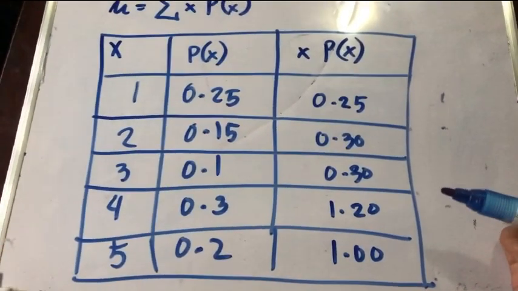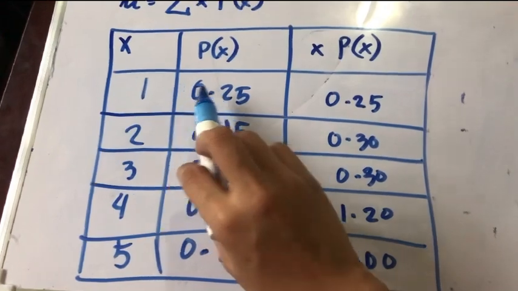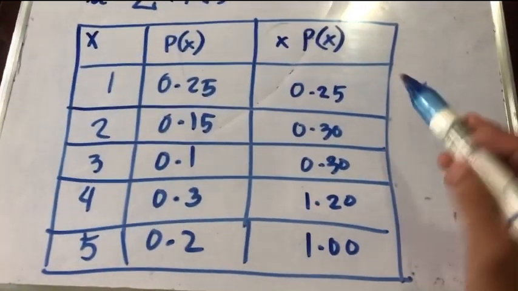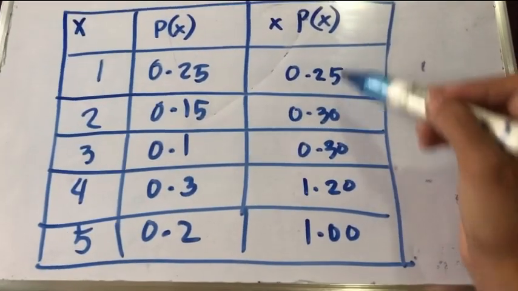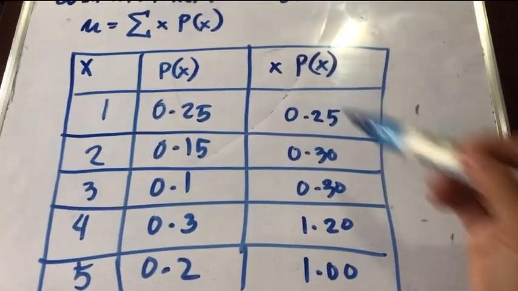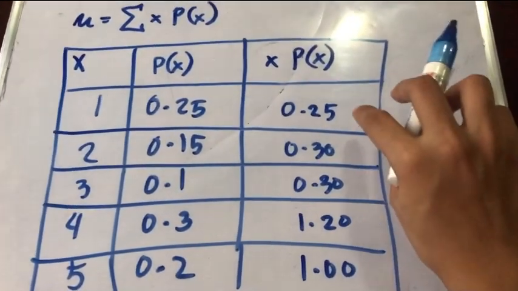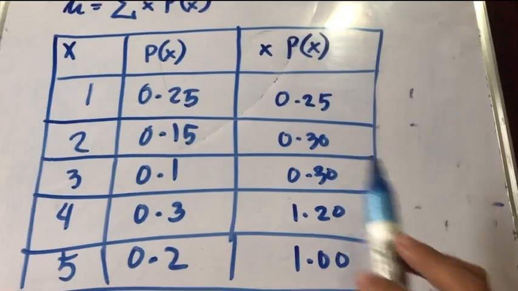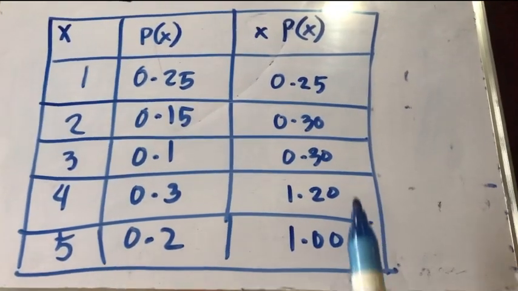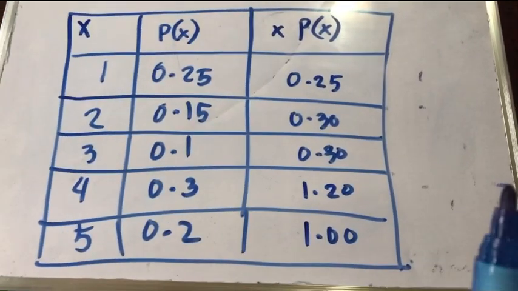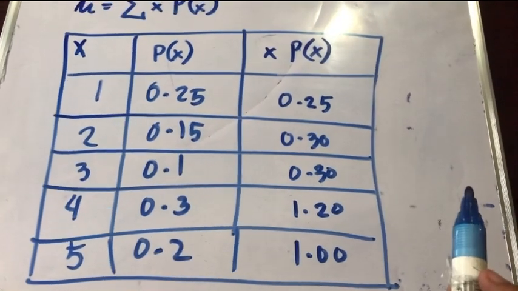After getting the product of each random variable and its corresponding probability, we are now going to sum it all up, and that answer would be the mean. So 0.25, 0.30, 0.30, 1.20 plus 1, you add it, and then the sum would be the mean.